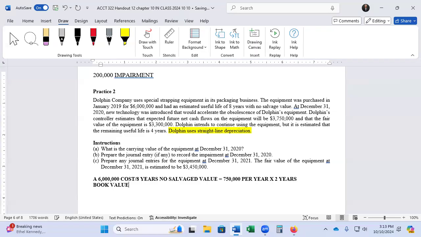And so our book value, 6 million less accumulated depreciation of 1.5 million equals 4,500,000. So that's part A.